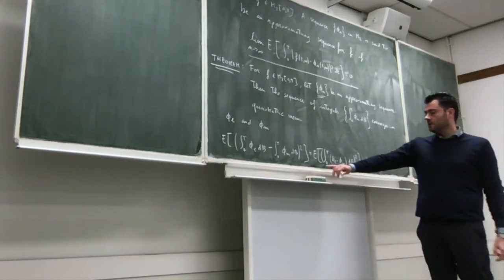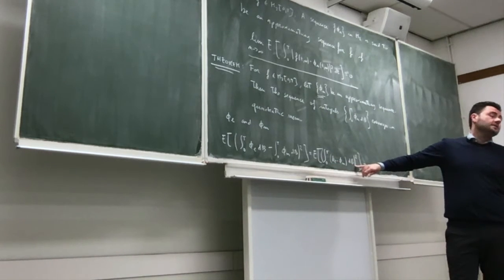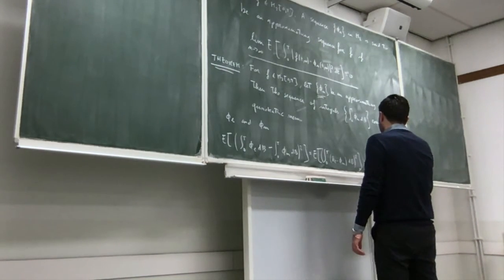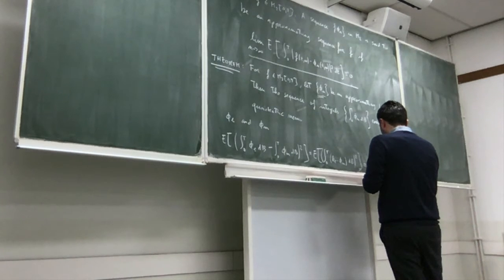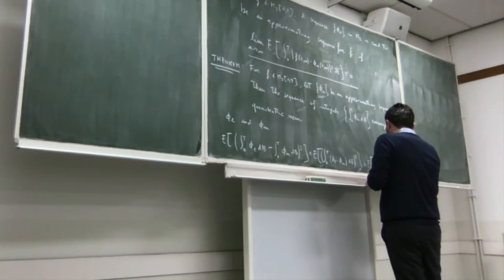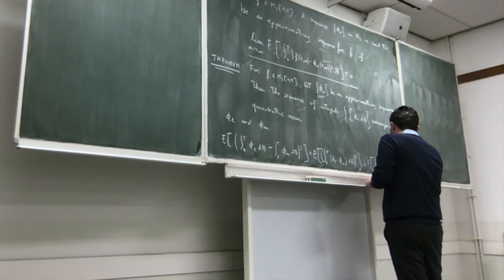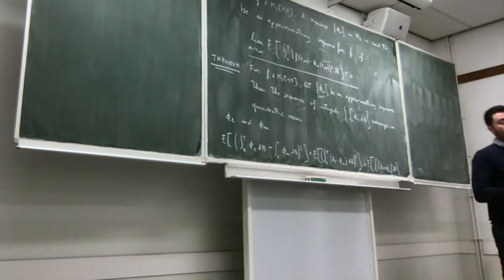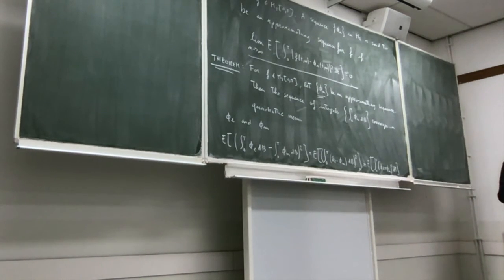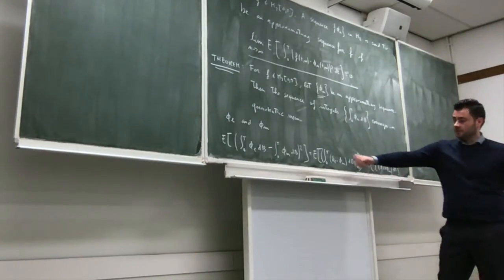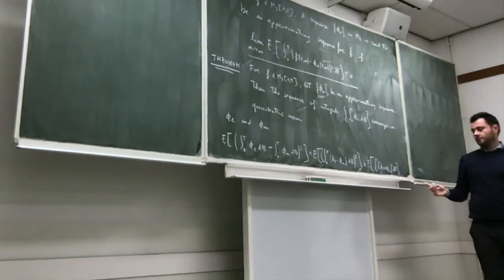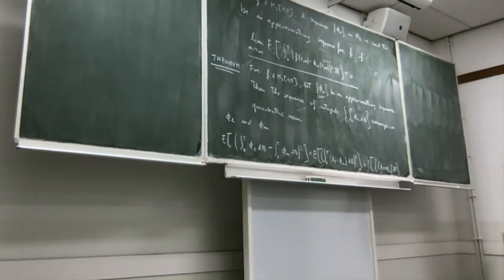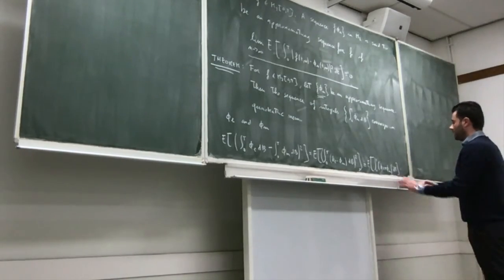But if this is the case, what can I do? I can immediately apply the Ito isometry to this. So this is equal to the expectation of the integral from 0 to capital T of phi L minus phi m squared dt. Because this is a simple process, I can apply the Ito isometry: I just take the argument squared, and dB becomes dt.